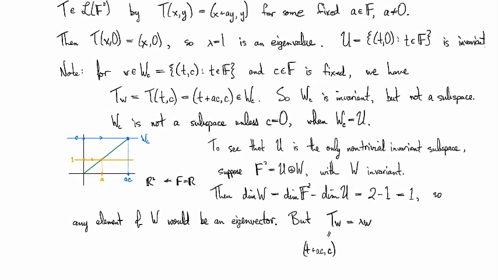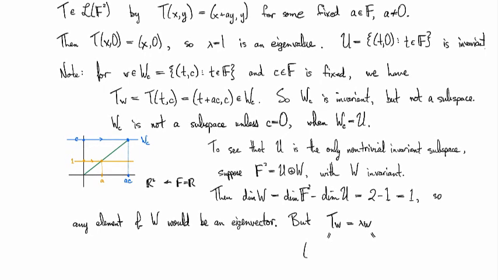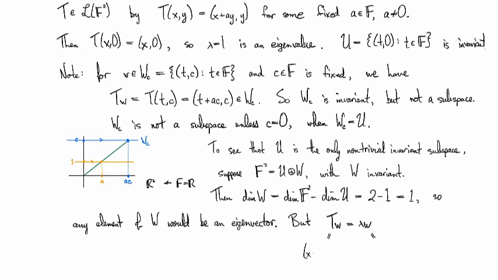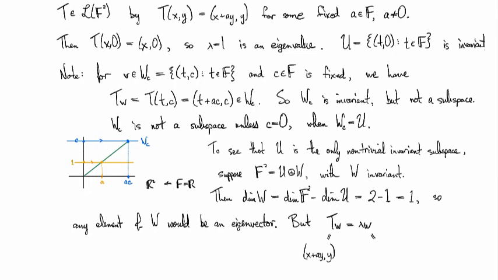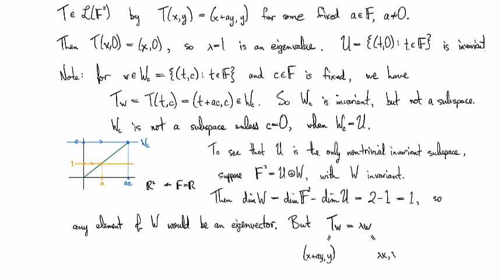And then, in order to make it look more like what we started with, let me go back to the notation x plus AY comma Y. And then on the right, if our W is x comma Y, we're going to have lambda x, lambda Y.